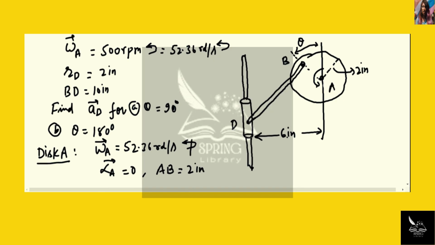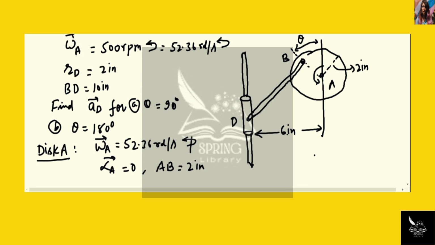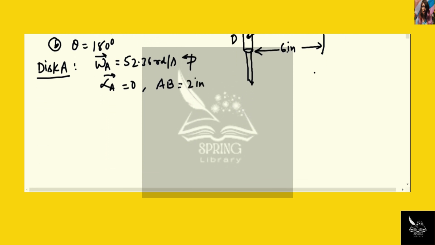So the velocity of point B you can find as AB omega, into A. AB is 2 inch, omega is 52.36, so it is 104.72 inch per second.